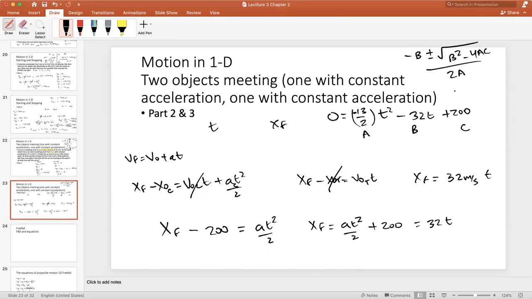When I do this, I'm just going to tell you right now that what I get is 32 plus or minus the square root of 32 squared minus 4 times A times C, which is 26 times 200, which is 5,200.